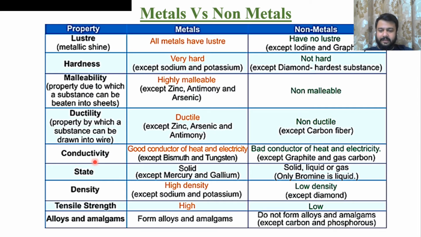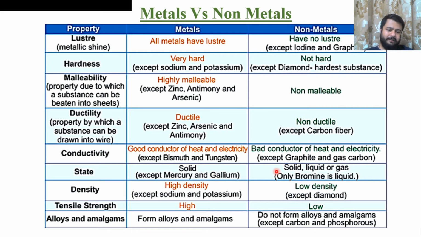Next property is conductivity, that is they can allow heat and electricity to pass through them. Most of the metals are good conductors of heat and electricity, but bismuth and tungsten are the exception cases. And most of the non-metals are bad conductors of heat and electricity. Exception cases again graphite and gas carbon. State, most of the metals are in the solid state except mercury and gallium, they occur in the liquid state.